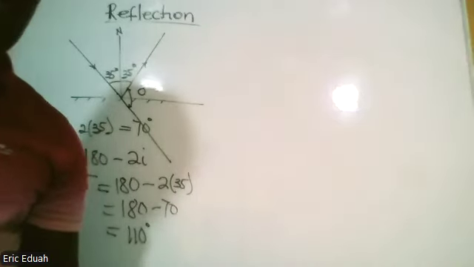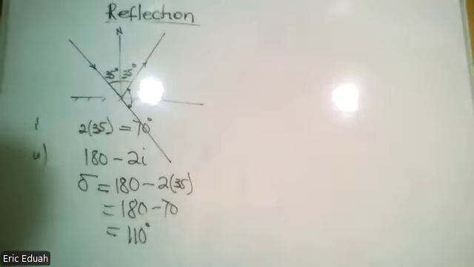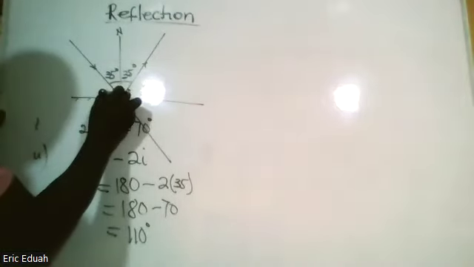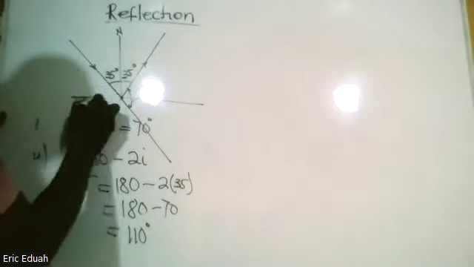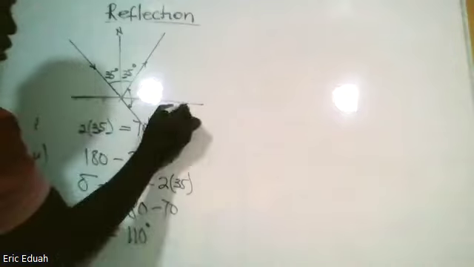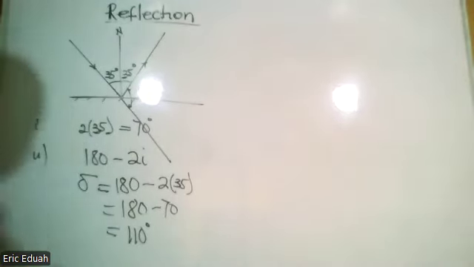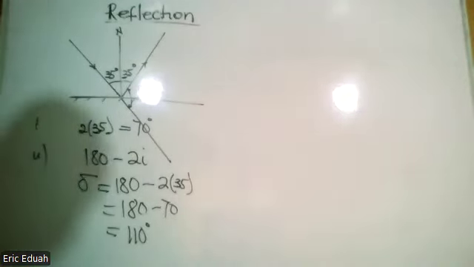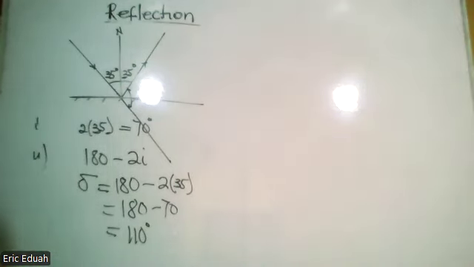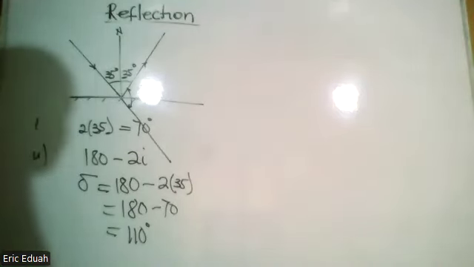Nanajua, go ahead. 55 degrees. How did you get that? Sir, because the glancing angle and the angle of incidence will give 90 degrees. Yes, so we subtract the 35 degrees from 90 degrees to get the glancing angle. Thank you.